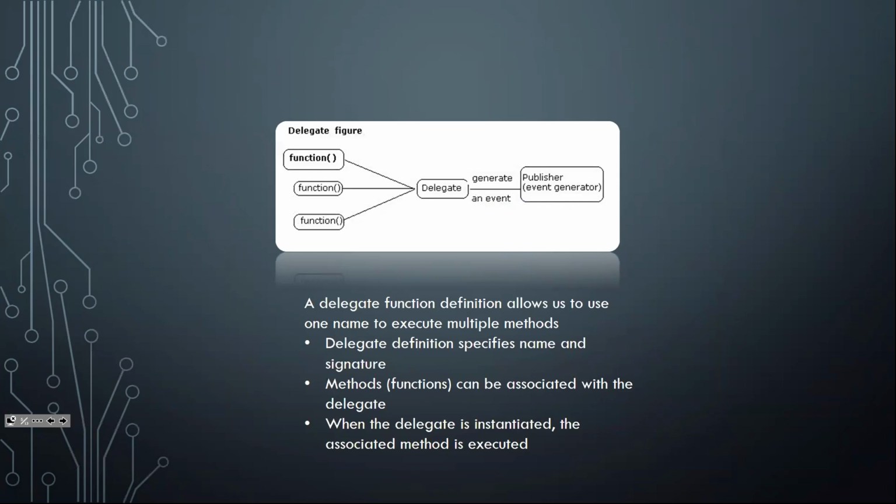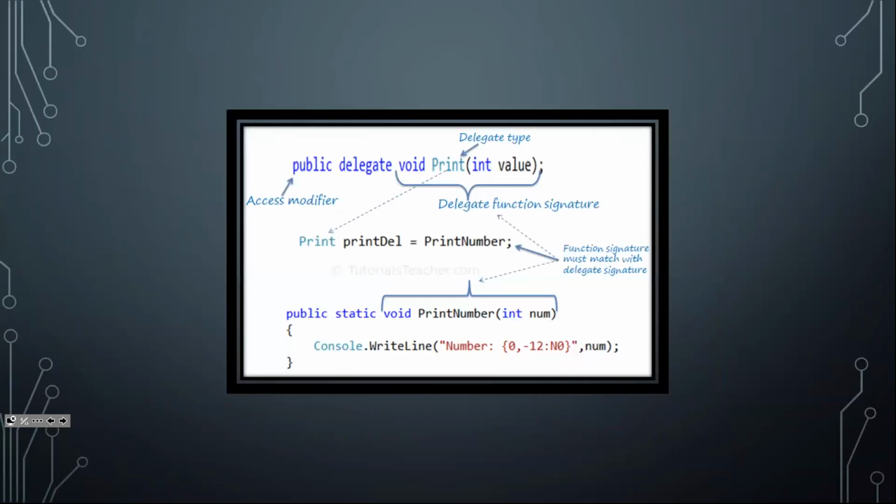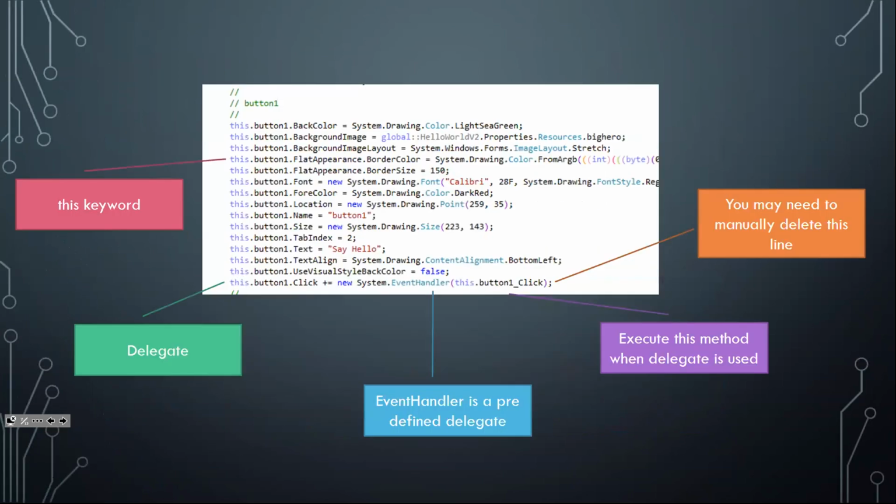But we have a delegate definition behind the scenes, and Windows is going to create this for us. And it's actually that line of code that we saw last time to delete if our form gets messed up. We'll do that again so that you can see it. Here are some examples of the Windows-generated code behind the scenes that we were looking at last time. This very bottom line is the delegate.